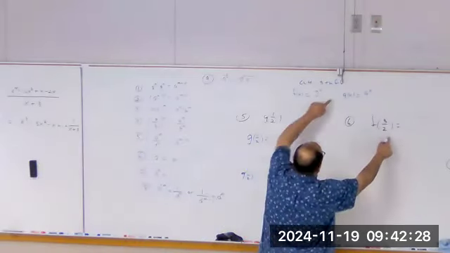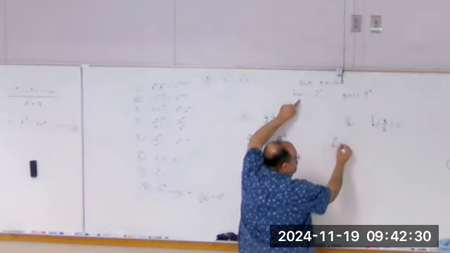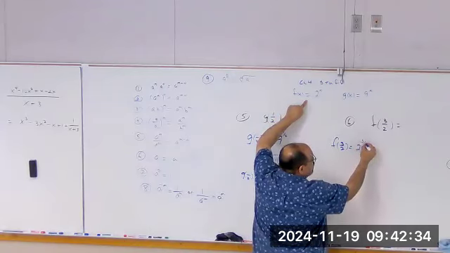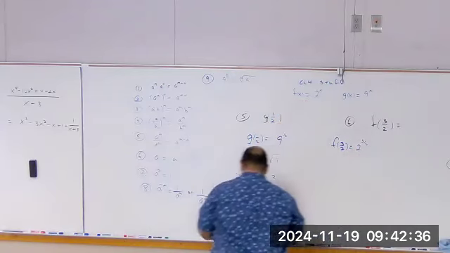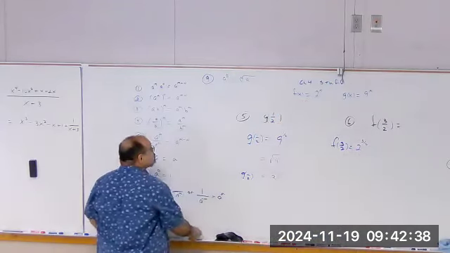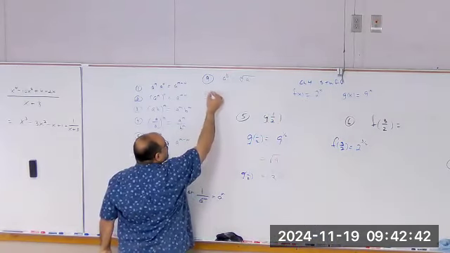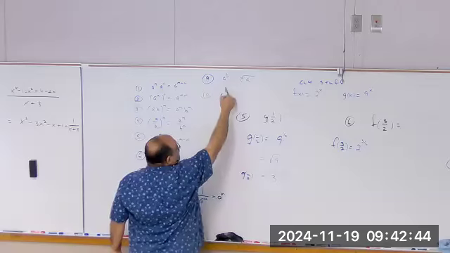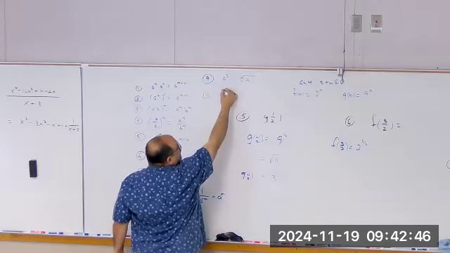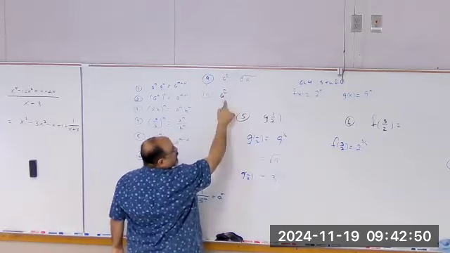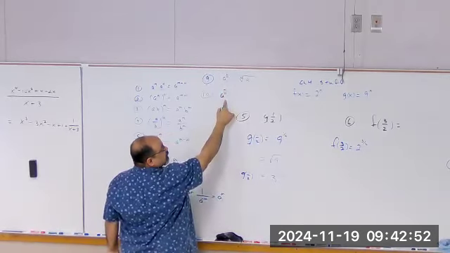Half of 3/2 would be 2 to the 3/2. So that's rule number 10. And rule number 10 is if you have a, not just to 1 over n, but to an m over n, I can rewrite this two different ways.